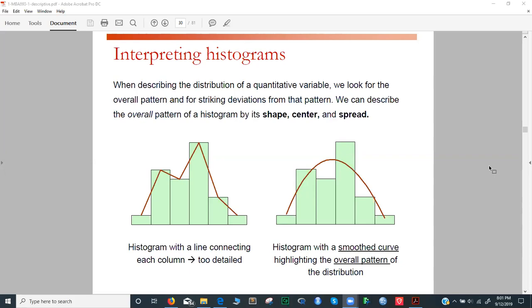But looking at the red line, it's very difficult to find where the middle is. However, if you normalize or smooth it, you can see the overall pattern of the distribution is some sort of oval or ellipse, and you can see where the middle of the data is. Again, it's not perfect. We're just looking at things from a high level, but the right-hand side is a little more appropriate for interpreting histograms than the left-hand side.